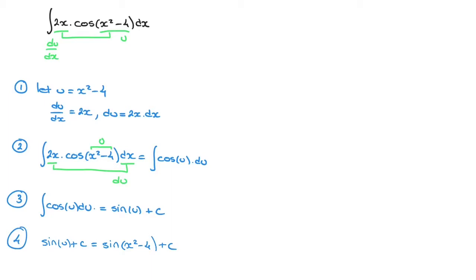Now let's see in a bit more detail how U-substitution actually works. And I'll just write this on the right-hand side here. U-substitution. This scenario, which tells us to use U-substitution, is always going to look something like this. The integral of du dx times f of u of x.